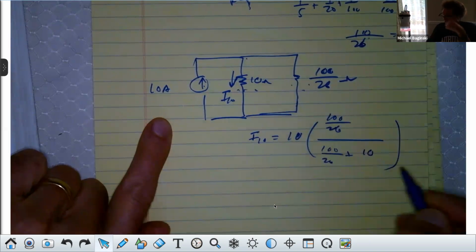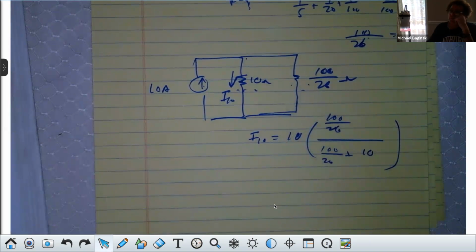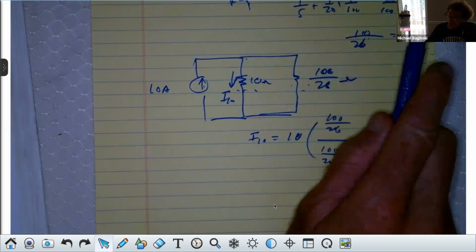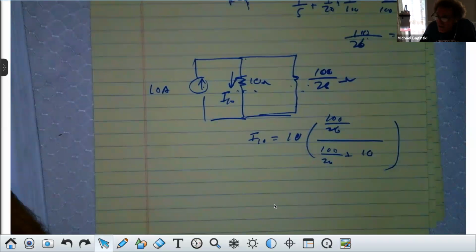And that would be the current flowing into the 10. Do you agree with me? John, you got it? Gabby, do you see this? I want to make sure you see this. It doesn't matter if there's 3, 4, 5, 6 resistors, right?